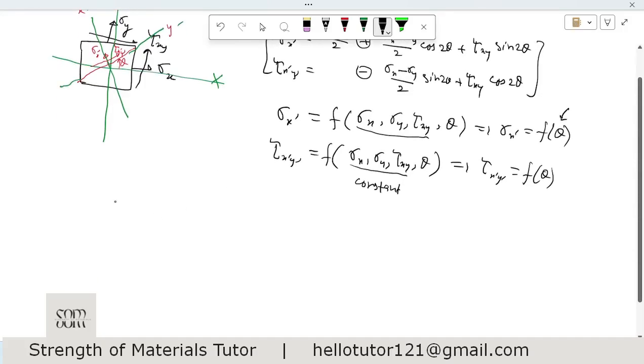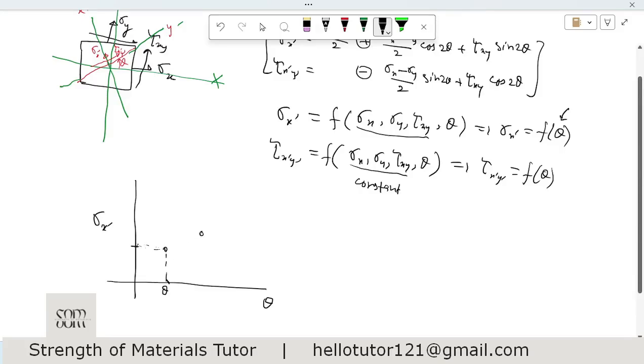So if I draw a coordinate axis, this is the values of theta and this is the stress. It means with theta, sigma x prime, or in fact tau x prime y prime, will change, okay? But first we will talk about sigma x prime. For example, at this theta the value is this, right?